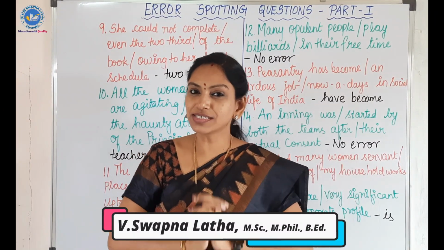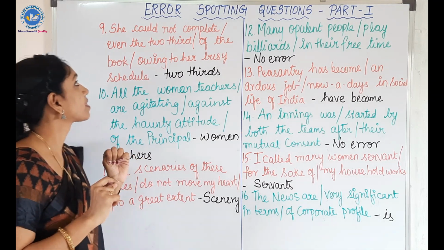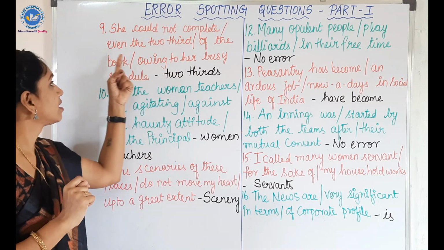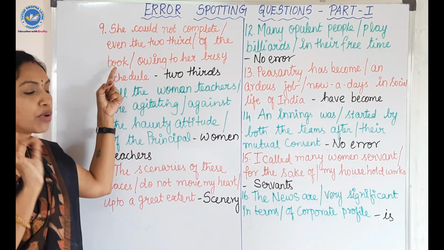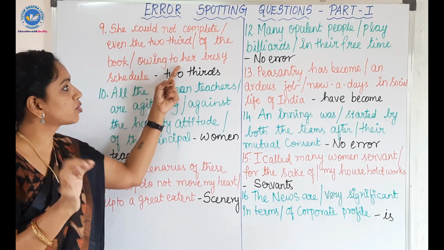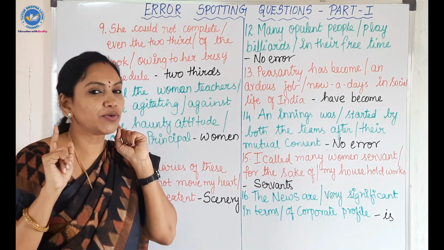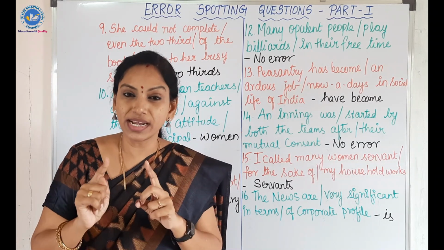Next, my dear friends, question number 9. She could not complete even the 2/3 of the book owing to her busy schedule. Actually, my dear friends, I would like to tell you one thing about the word schedule.